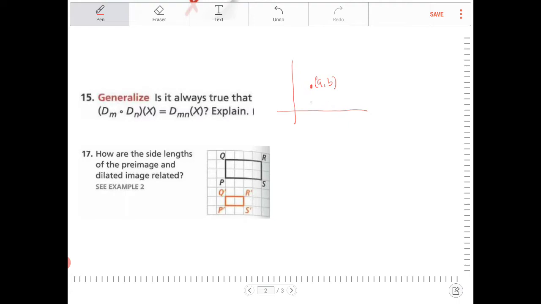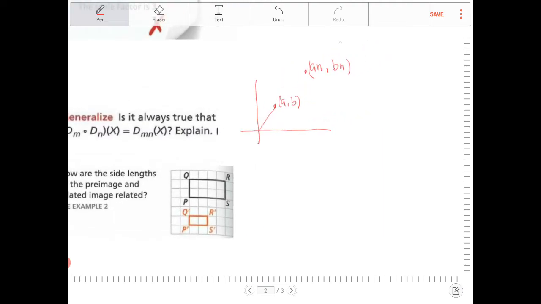If I dilate (a, b) by a factor of n, then the new point will end up at (an, bn), right? That's a dilation by a factor of n. And if I dilate that now by a factor of m, the new point will be (amn, bmn). So yes, I agree. This is true.